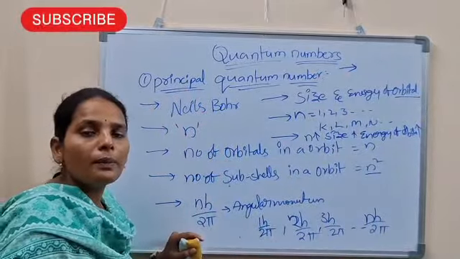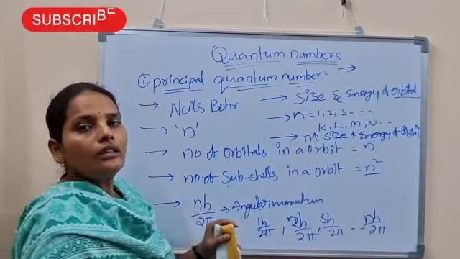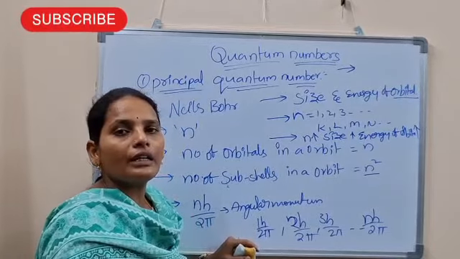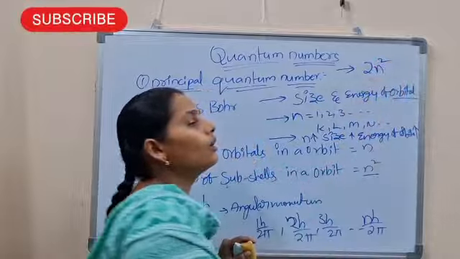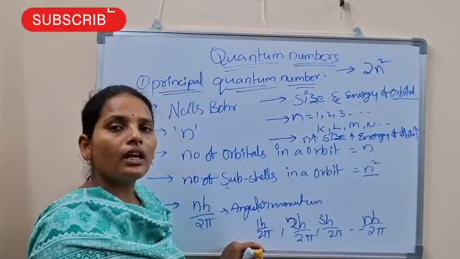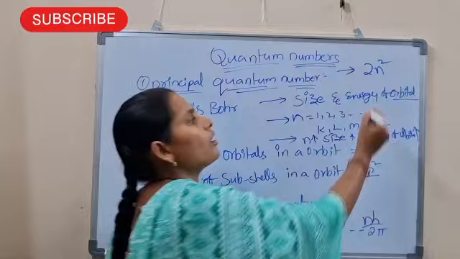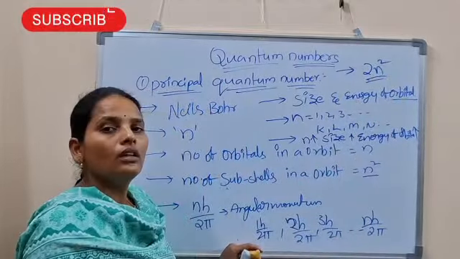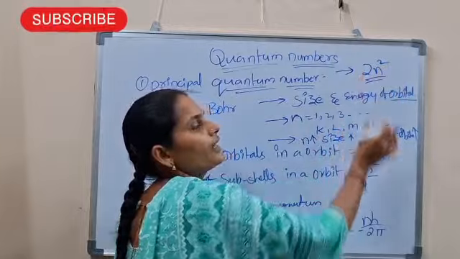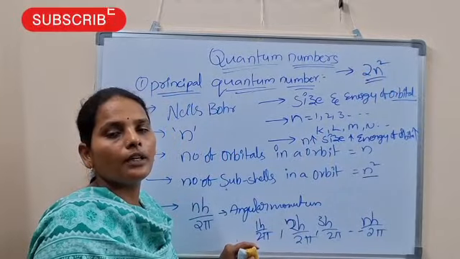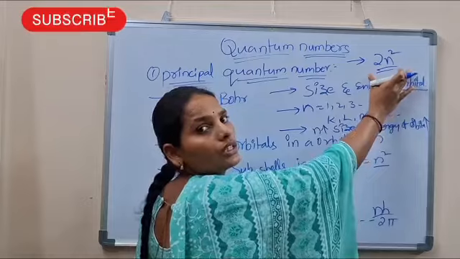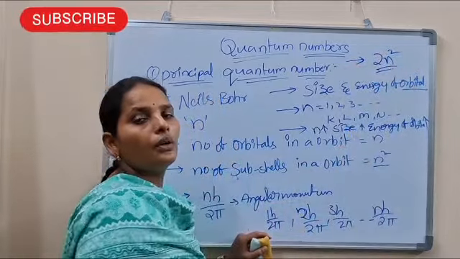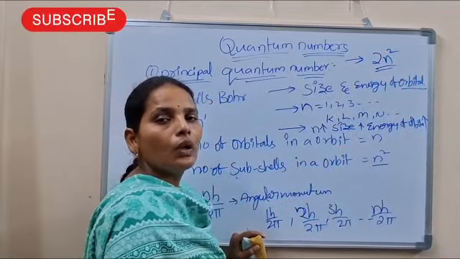The principal quantum number gives the total number of electrons present in an orbit, which is equal to 2n square. By using this formula, we find how many electrons are present in the orbit of the atom.